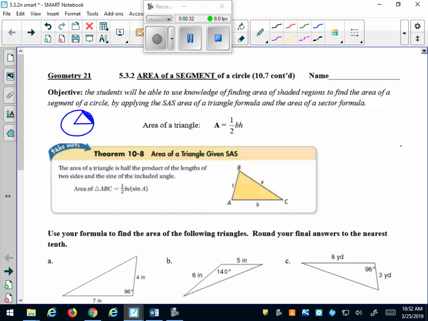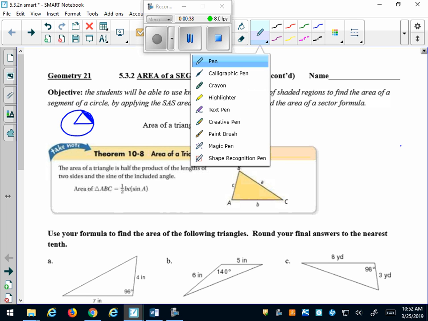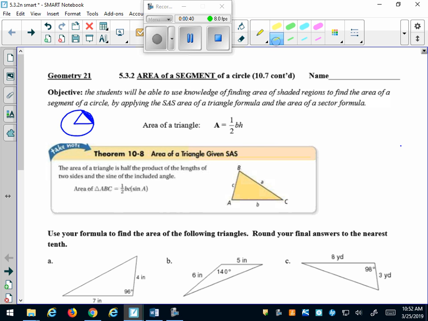So what we really need to understand is that to find that area, you need first the area of the entire sector, and then you subtract out the area of that triangle there, and it leaves you with that shaded region.